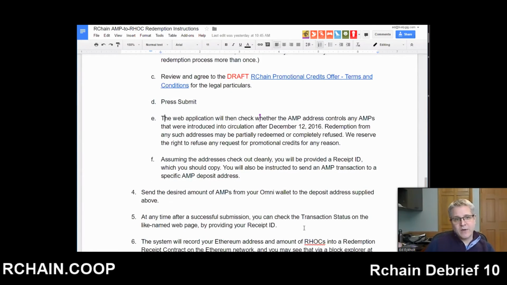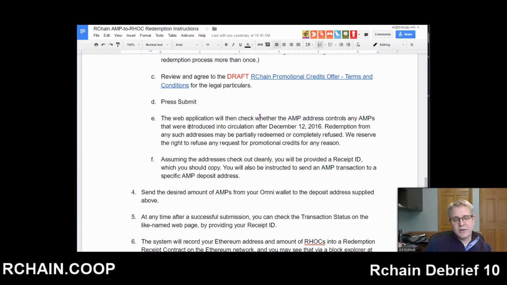Then the web application is going to check whether or not the AMP address controls any AMPs that were introduced into circulation past the 12th of December. That was the date we want to make sure that essentially Cryptonomic decided to no longer support RChain. So any activity coming out of certain treasury and related wallets, we will return back to the user.